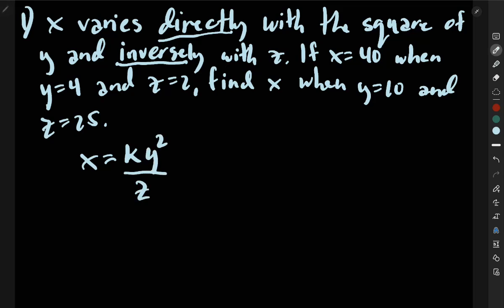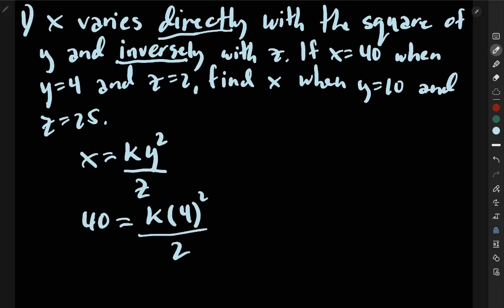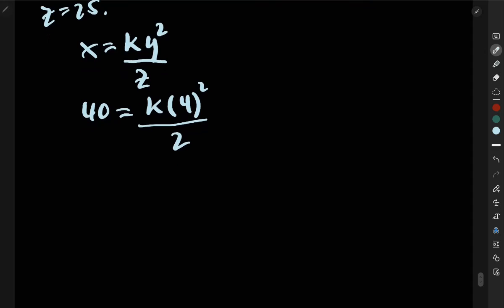So we're gonna solve for k first using the initial given. X is 40, and then the k, and then y is 4, so we're gonna write 4 squared, and z equals 2. So we'll solve for k. So always solve first with the exponent.